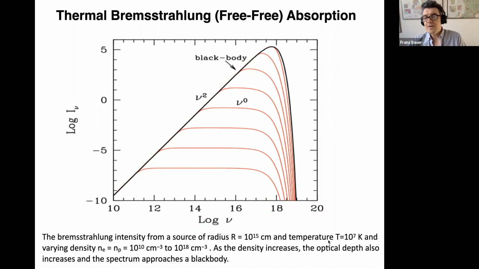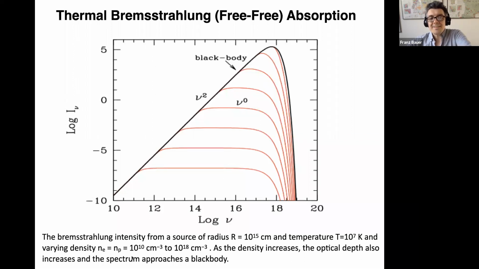And then say it has a constant temperature of 10 to the 7. And we can vary the average density in this sphere between 10 to the 10 and 10 to the 18. And that's what's shown here in these different curves.